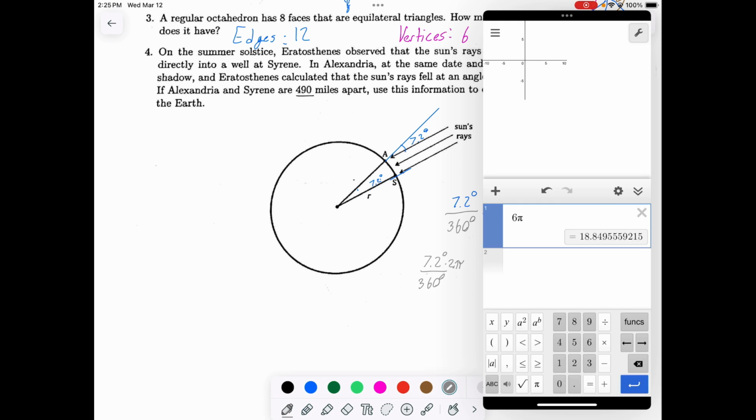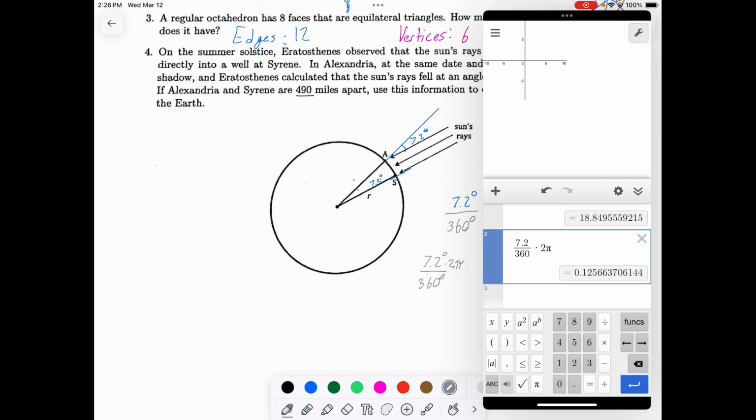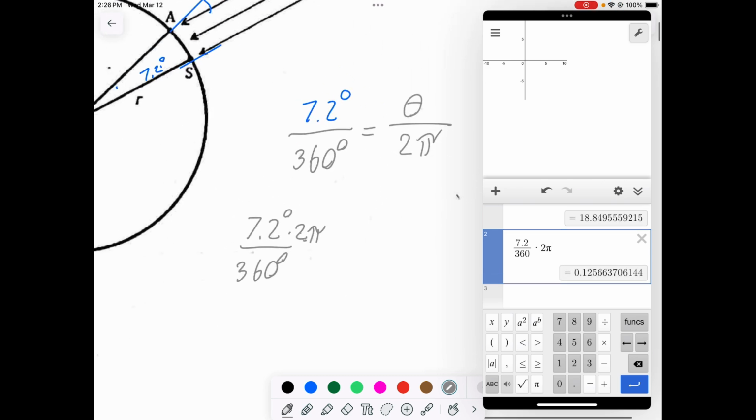We'll see it in a sec. So I'm doing 7.2, the degrees will cancel out, divided by 360. And then we're going to multiply it by 2 pi. So this equals 0.1256 radians.